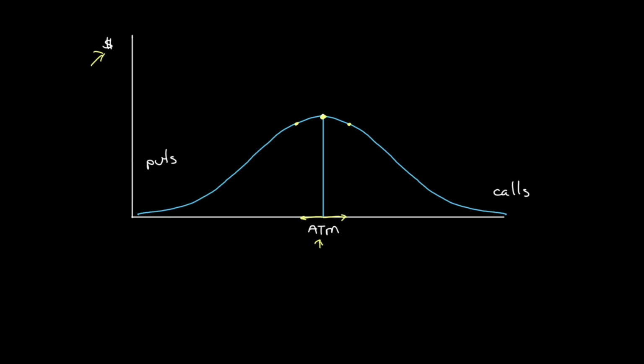It's typical that there is negative skew on the S&P 500, and I'll just refer to it as the SPYs. There's typically negative skew, only because when markets go down, they go down very fast. They move there very quickly, but when markets go up, they move there very slowly. So there tends to be more put buying than there is call buying.